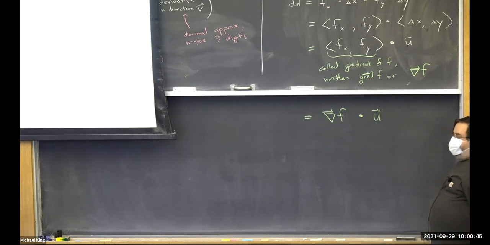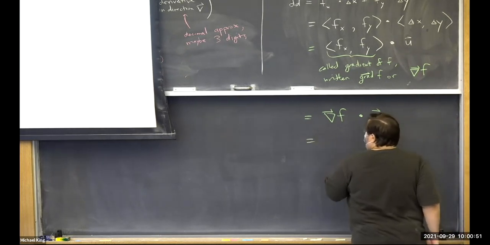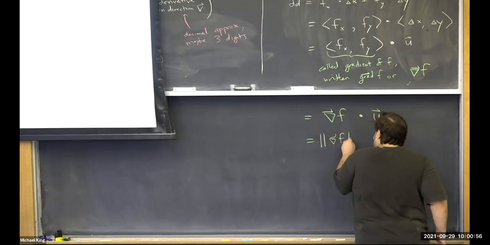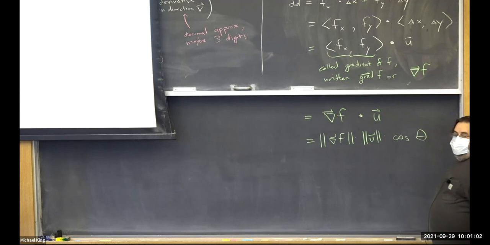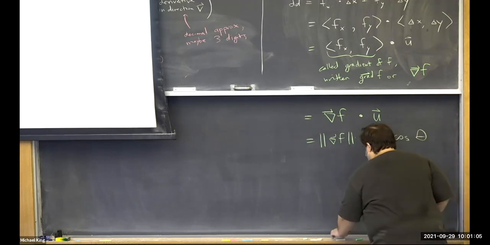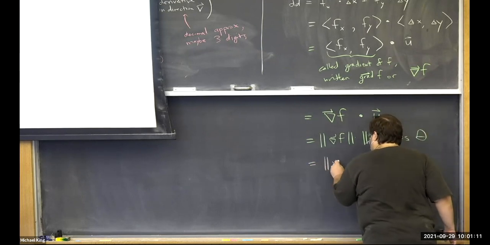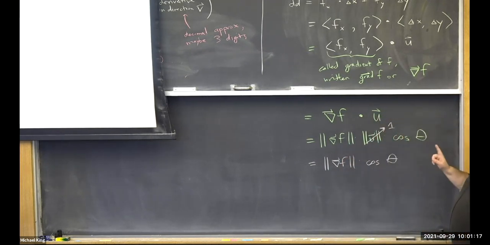And I'll go over this on Friday, but what does the geometric definition of dot product say? Times the cosine. That's where the cosine comes from. This guy's 1. So another way to write down the directional derivative is the magnitude of this special vector called the gradient, which we'll talk about a lot on Friday, times the cosine of the angle that you make with the gradient.